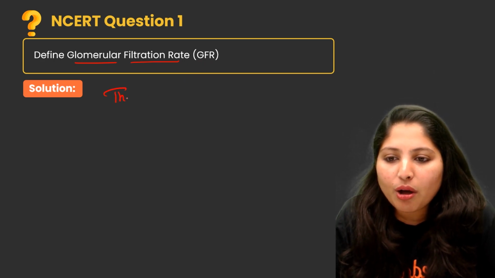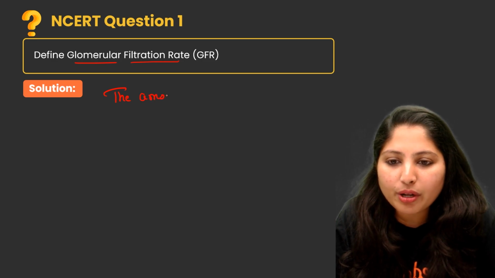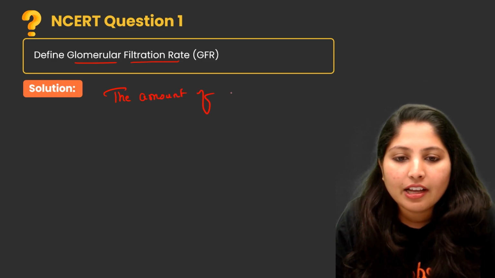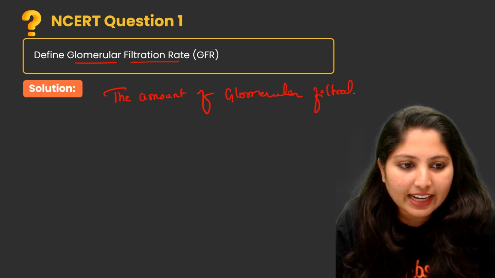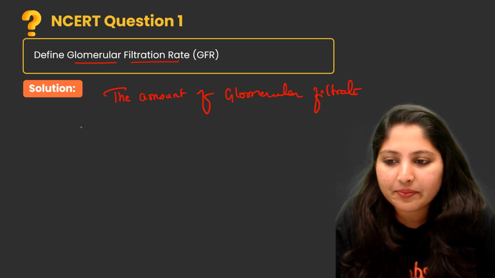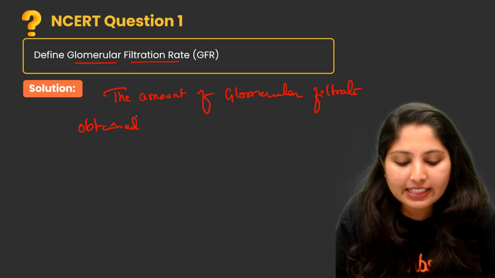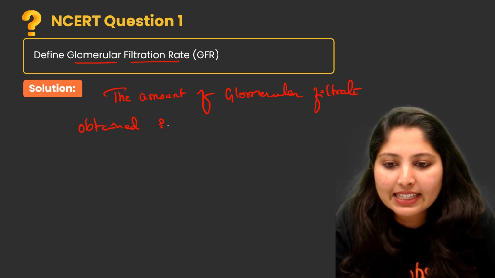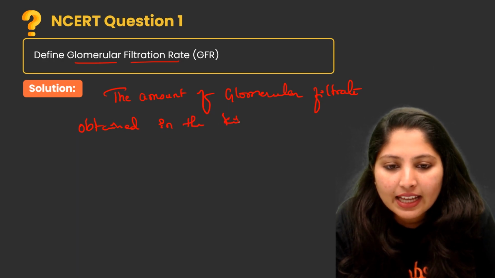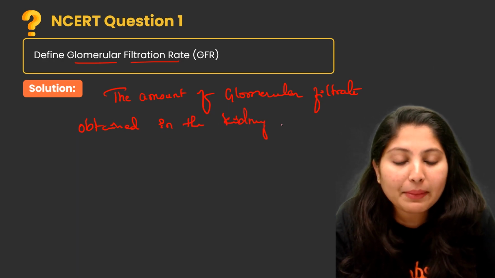The amount of glomerular filtrate formed or obtained in the kidney per minute.